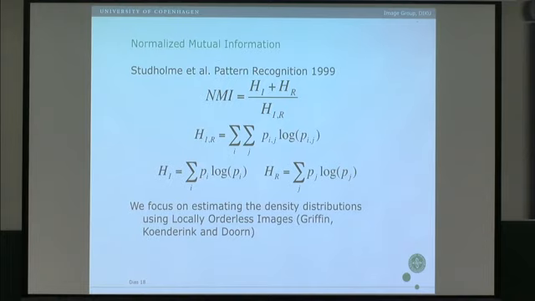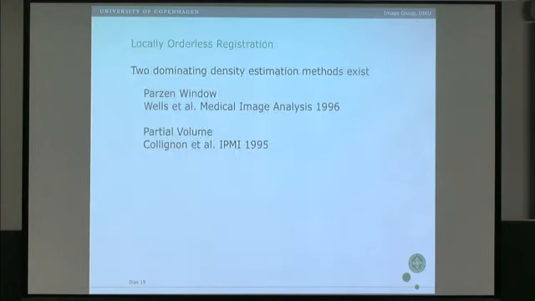We place the two images on top of each other, and then we need to measure the joint histogram and differentiate that with the parameters of the deformation field in order to find the optimum. There are two dominating ways in the literature of how to estimate this. One is with a Parzen window, and the other one is the so-called partial volume way.